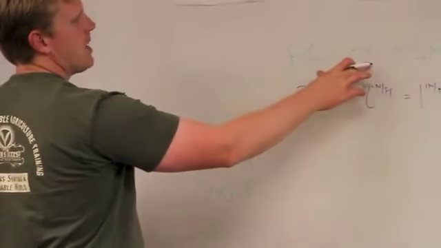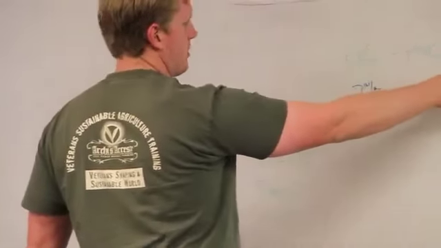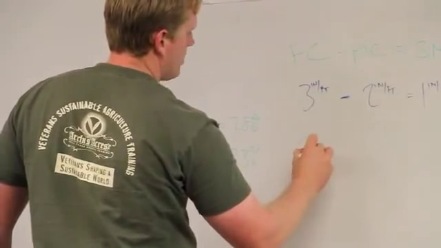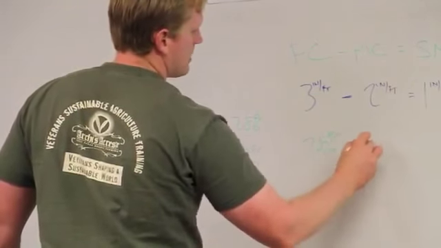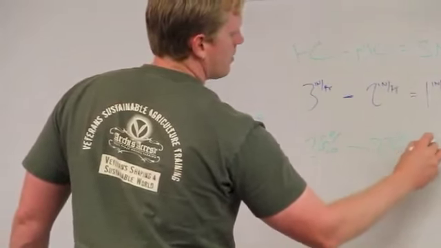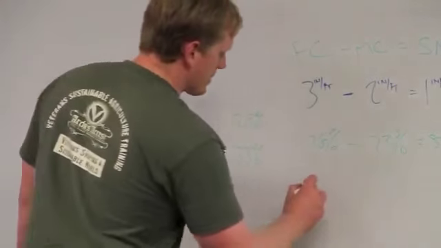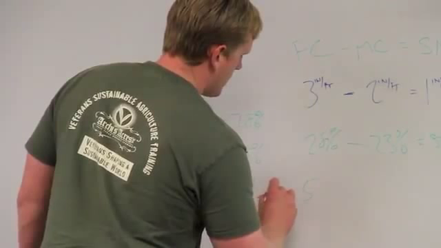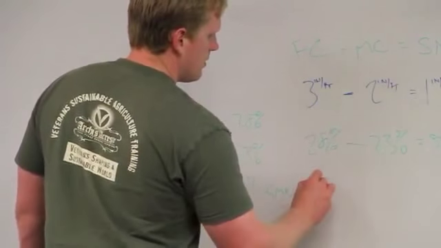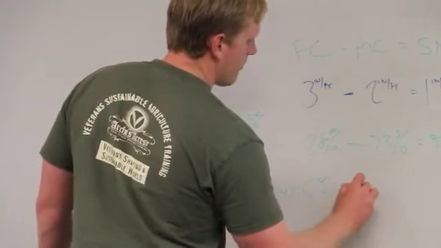Again, field capacity minus moisture content equals soil moisture depletion. Plugging my numbers in: 28% minus 23% equals 5%. I can then convert that into inches per foot, because 5% is equal to 0.05.